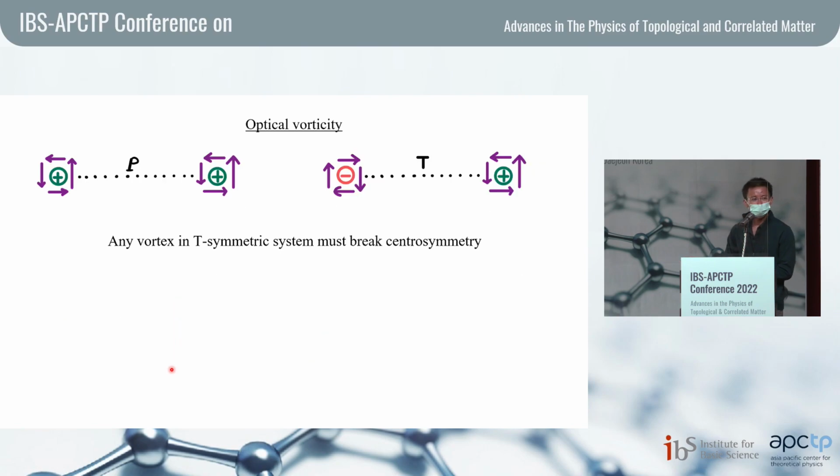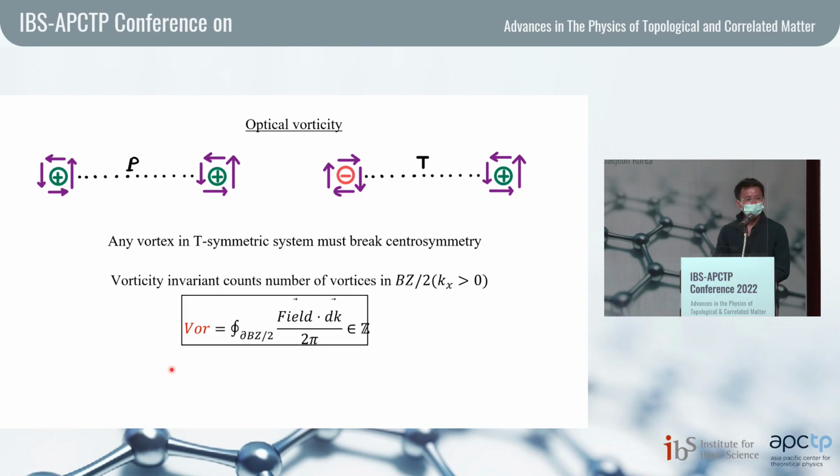All right, so what this implies is that parity symmetry always relates pairs of vortices with the same chirality, if you wish, but time reversal symmetry relates pairs of vortices with opposite vorticity. So one implication is that if you find any vortex in a time reversal invariant system, it must break central symmetry.